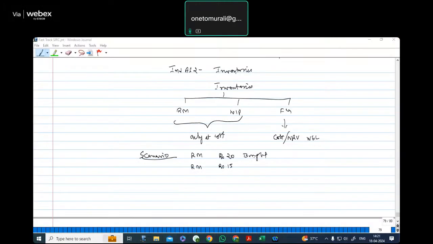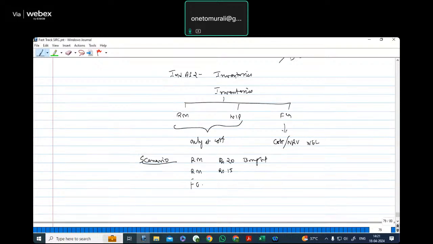I cannot do that. See, raw material bought at rupees 20. After the thing, raw material dropped at 15. So whether it should be continue to value at 20 or 15 will be the question. So then if finished goods are expected to be sold at say rupees 145, where cost of goods sold is rupees 110.